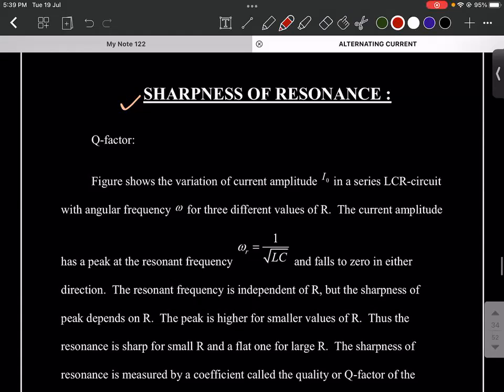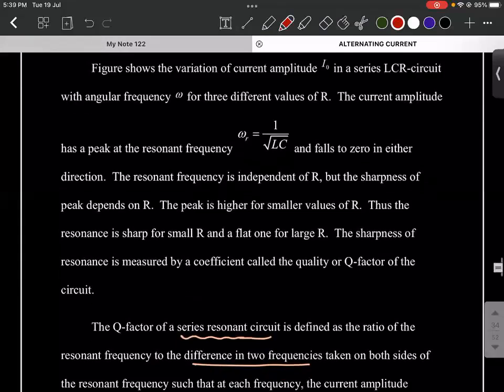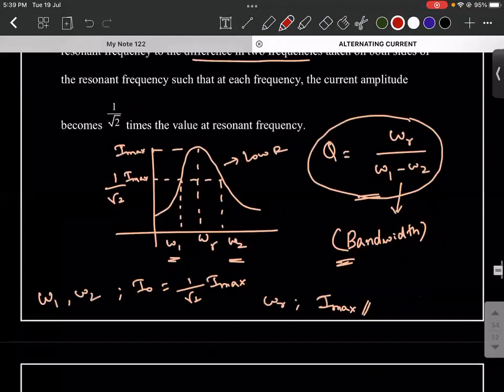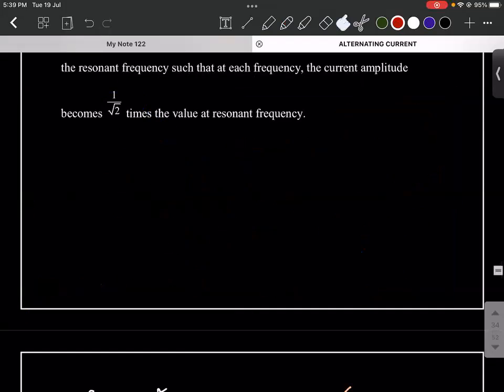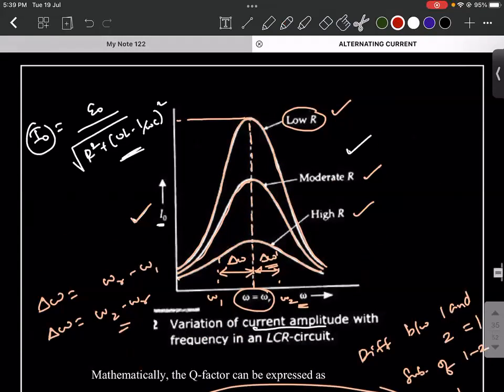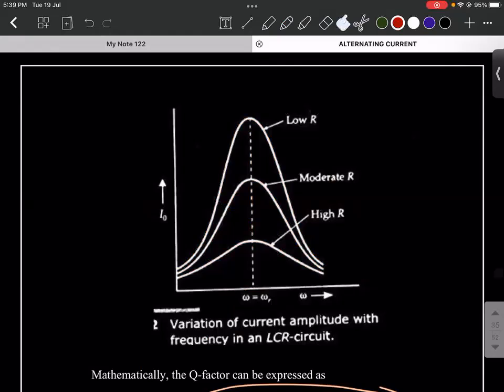Okay. So for the first, we need to look at the graph. So look at the graph. If you draw a graph, what do you want?